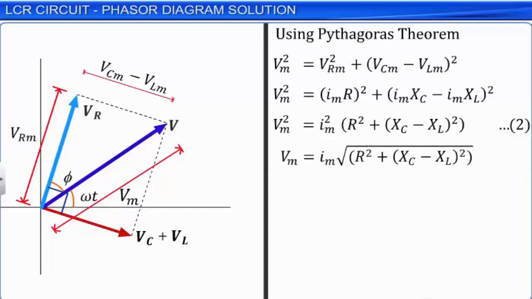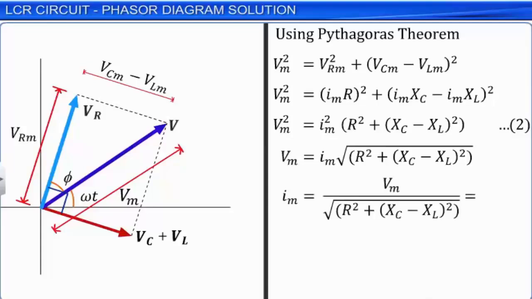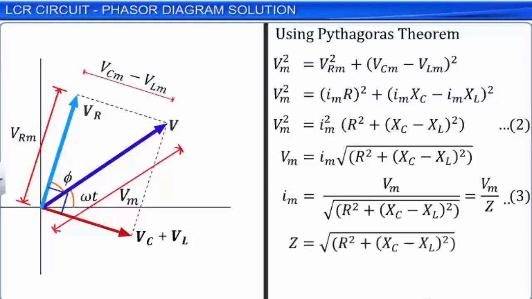Now, we have Im equal to Vm by under root R square plus Xc minus XL square, which is equal to Vm by Z. Let this be equation 3. Here, Z is the impedance of the LCR series AC circuit, which is analogous to resistance in a DC circuit, and is equal to under root R square plus Xc minus XL square.